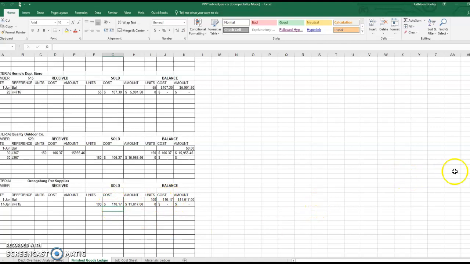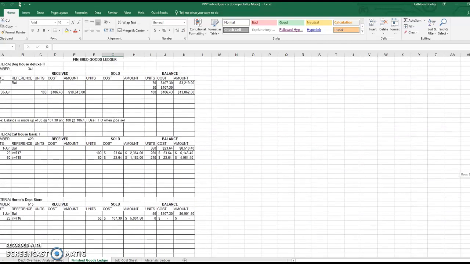Now, up in this job, notice that at the end of June, which we'll be talking about in another video, we completed a job and it came into the distribution warehouse. This job cost us $106.43. But we already had 30 dog houses from a previous job that cost us $107.30 apiece. So this job cost us a little bit less to make each dog house than the previous job.